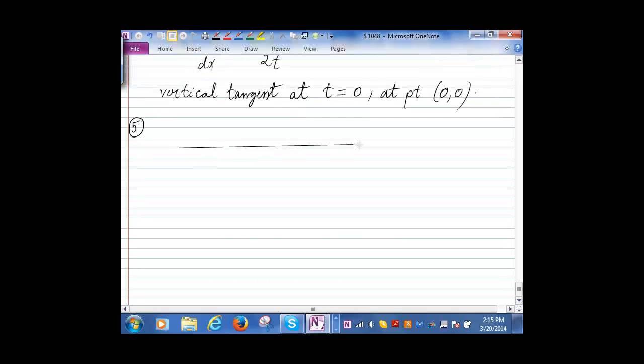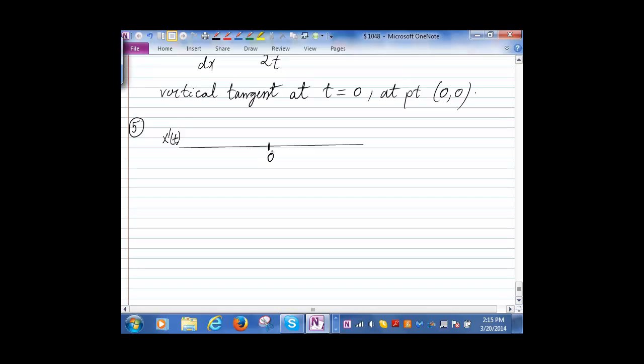Remember, t was from negative infinity to positive infinity, right? Where is the derivative of x 0? The derivative of x with respect to t was what? 2t, right?